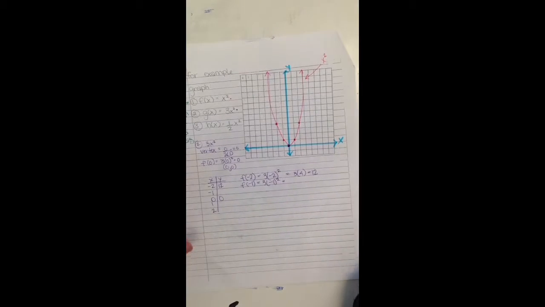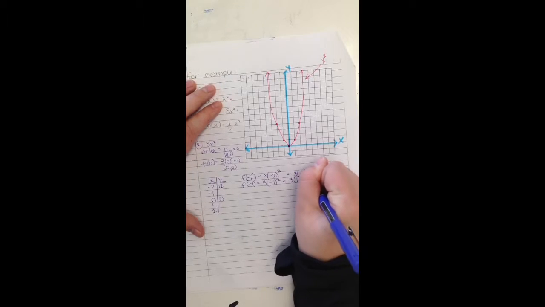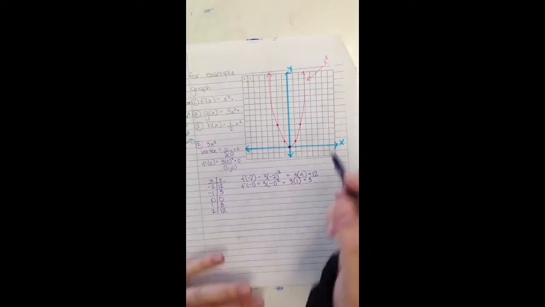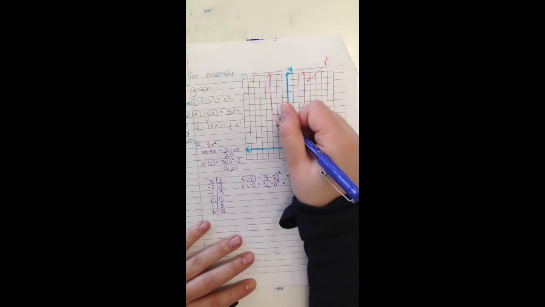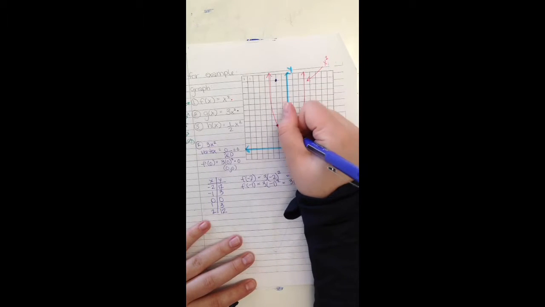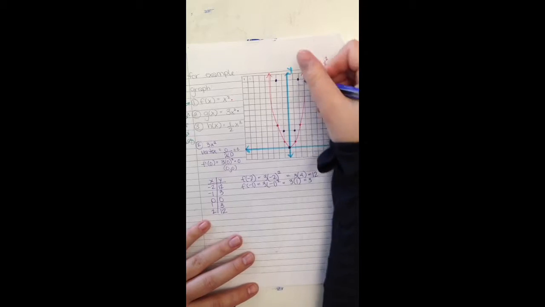Again, order of operations says do the negative 1 squared first, so I get 3 times 1, or 3. These are symmetrical. So I have negative 2, 12, negative 1, 3, 0, 0, 1, 3, and 2, 12 again.